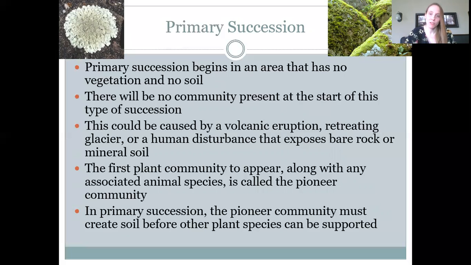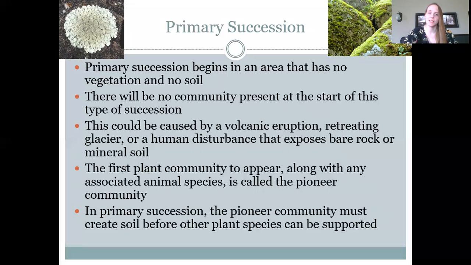And then a closer area to the volcano itself would have been completely covered by the debris from the eruption, which included rocks being blown out and magma and ash and all that kind of stuff. So that's one of the ways that we could trigger primary succession having to start.